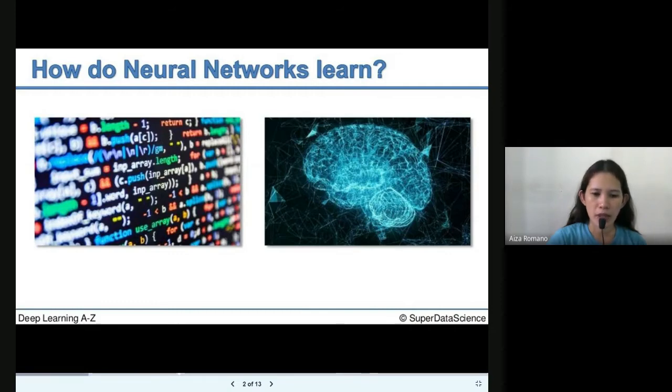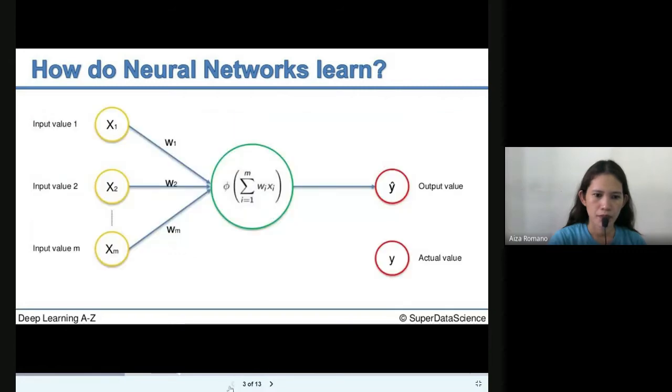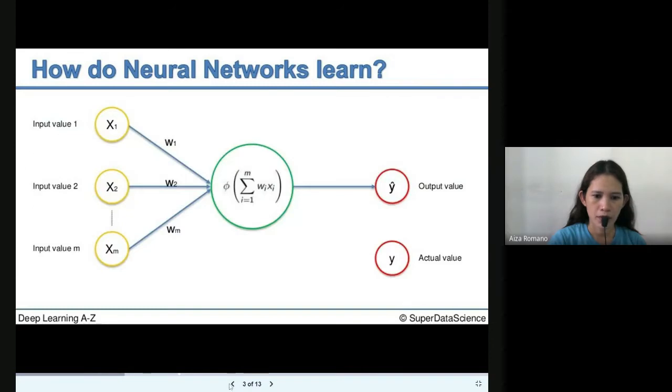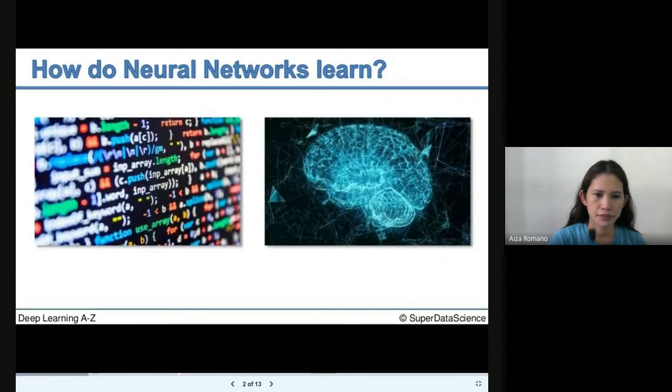A good example that I can give you right now, this will come further in the course, but it's just a very visual example. For instance, how do you distinguish between a dog and a cat?